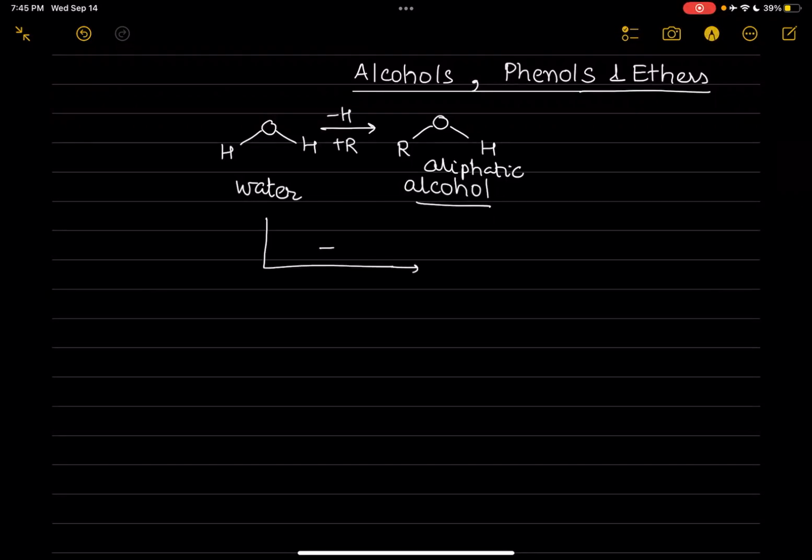Suppose if we remove one hydrogen and if we put one benzene ring, the benzene ring can be represented by Ph. The short form is Ph. Or if you want to write the formula, you can write it as C6H5. Or if you want to write the structure, you can write it like this.